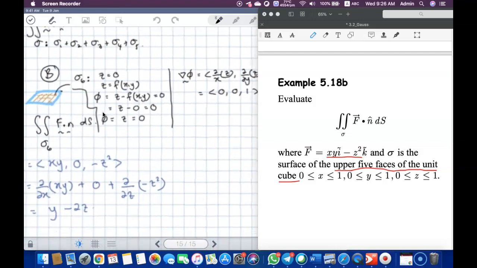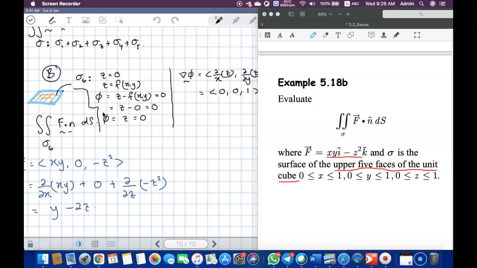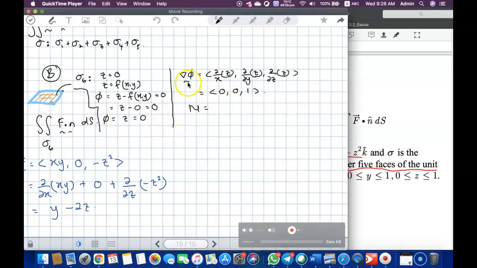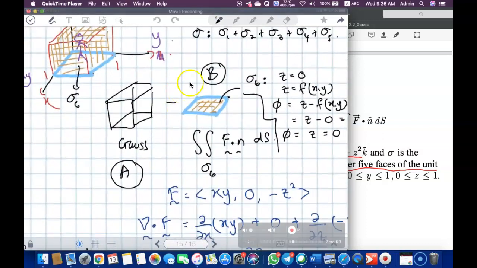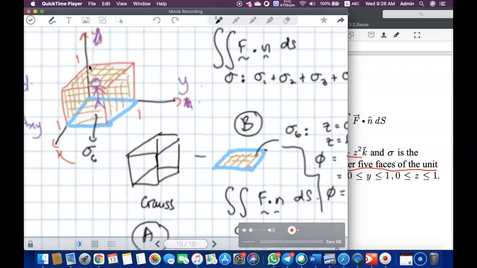Now you want to determine whether n is positive grad phi or negative. Then you have to look at your surface. But don't look at your surface here. You have to look at your surface in the solid given.